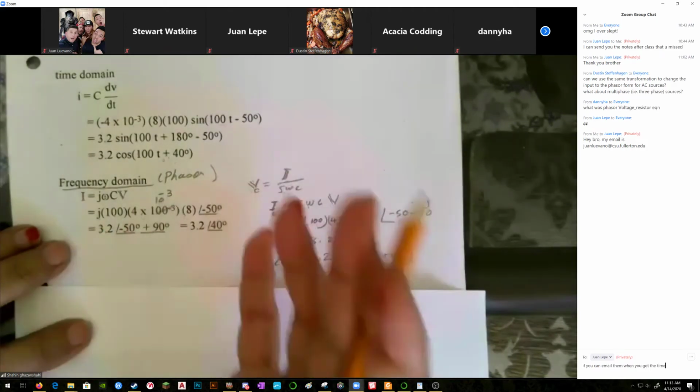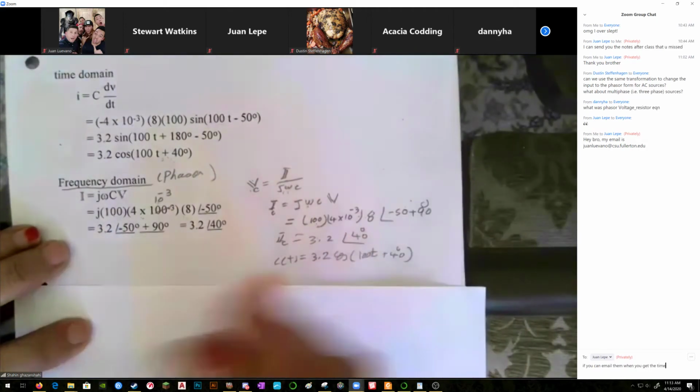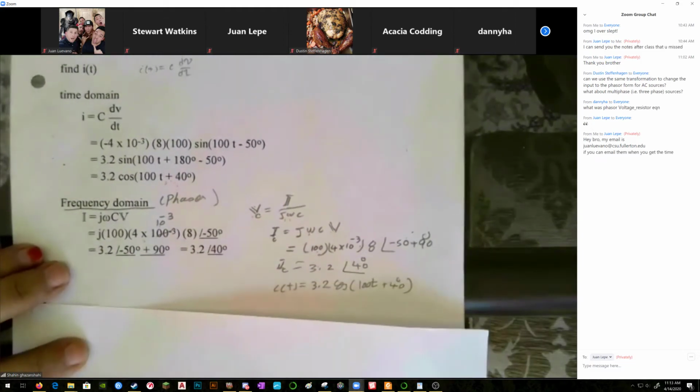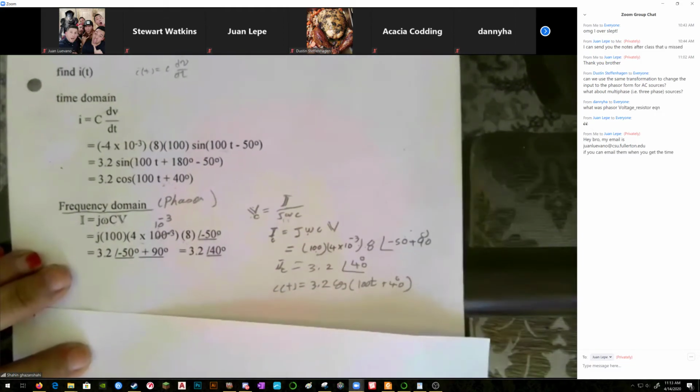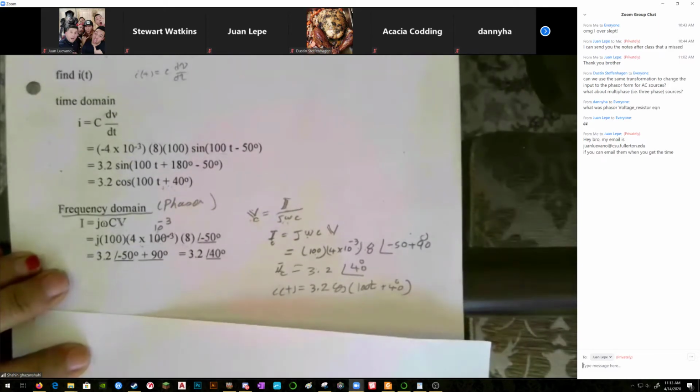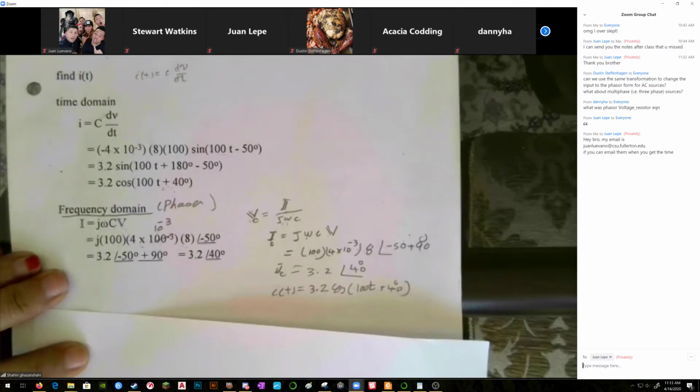So we do analysis in phasors. Okay, any question in this example? Are we doing okay? Let me read the chat, sorry. Oh, what was the phasor voltage across the resistance?